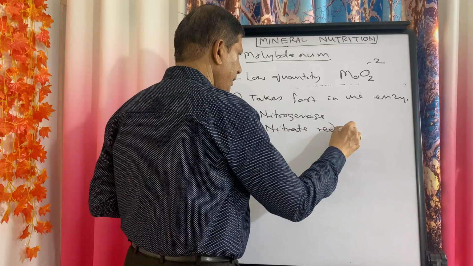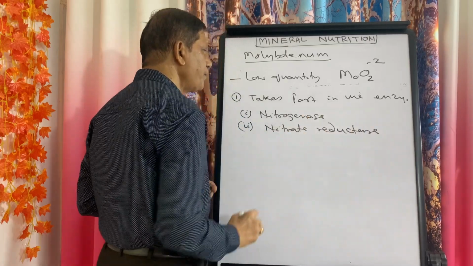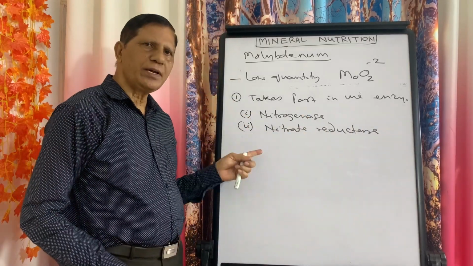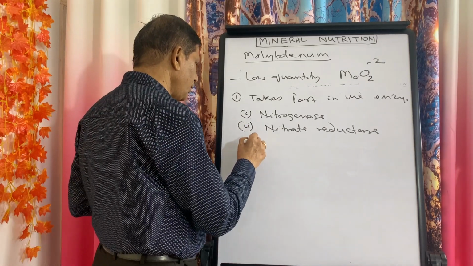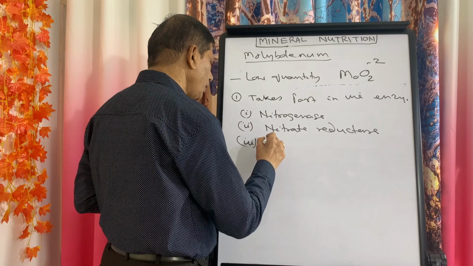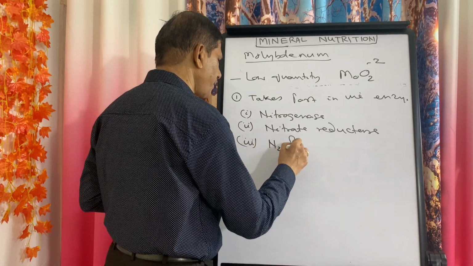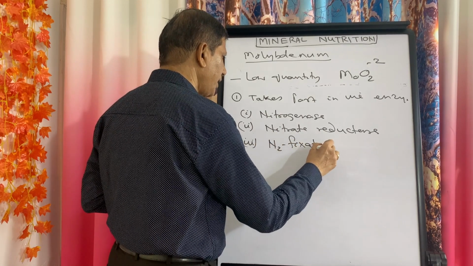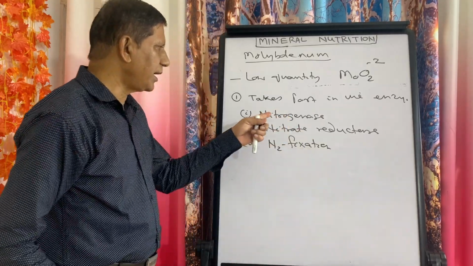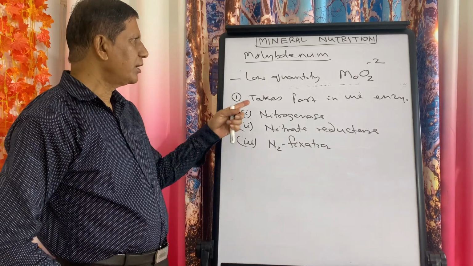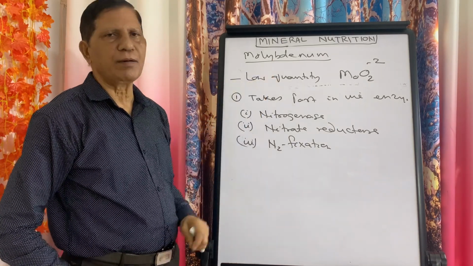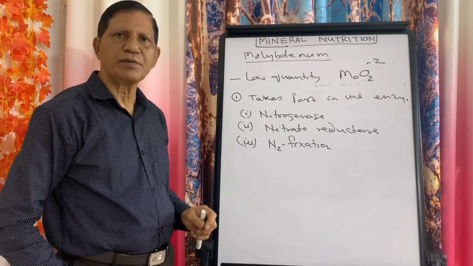These two are very, very important from the examination point of view, because these two enzymes are required for nitrogen fixation. So we can write that they play a very important role in nitrogen fixation and nitrification. Without the presence of molybdenum, nitrogen fixation is not possible.